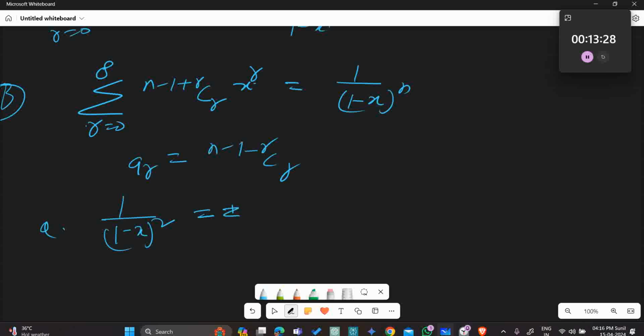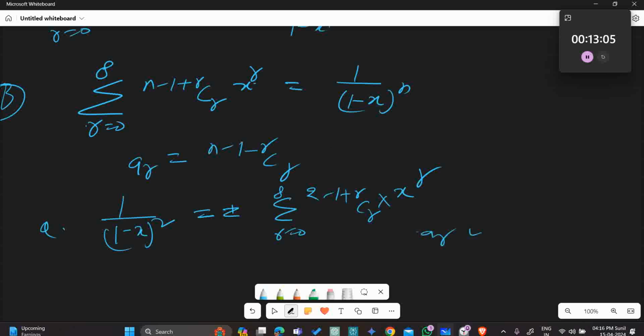It is equal to sigma r equal to 0 to infinity of (2 minus 1 plus r)Cr x to the power r.